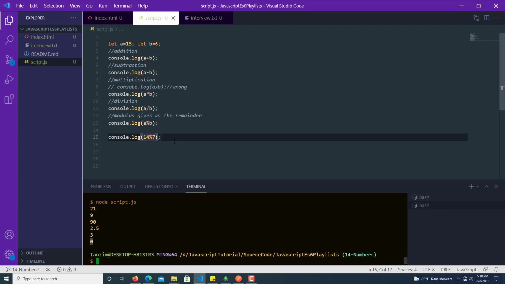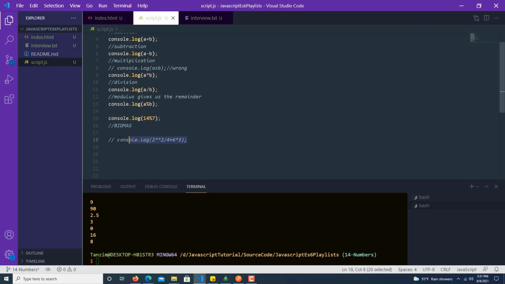And now we will talk about BIDMAS a bit. BIDMAS is suppose bracket of indices, that is to the power.